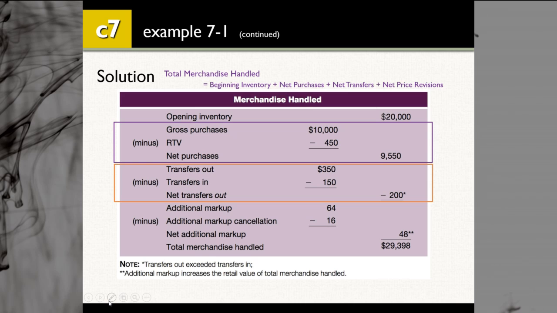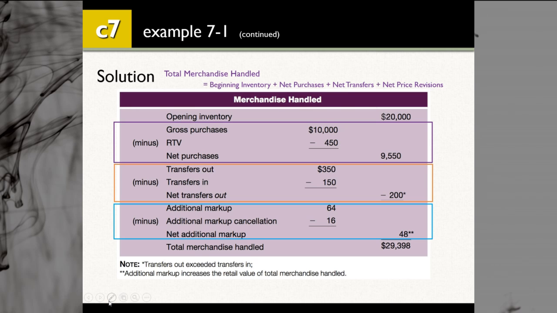Then you can calculate net price revision. In this case, you have additional markup and also additional markup cancellation. If you do 64 as your additional markup minus 16, you get $48 as net additional markup. So now you know all these components for total merchandise handled.